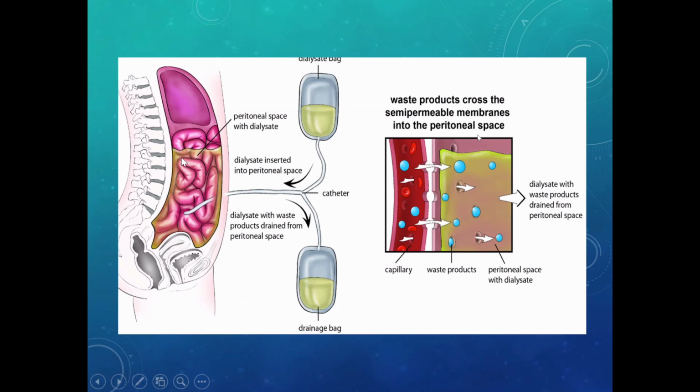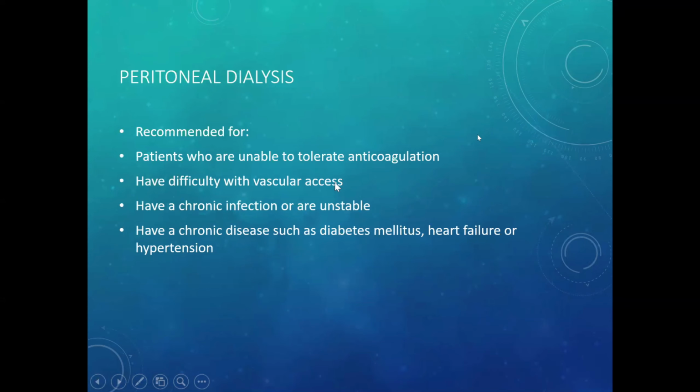The peritoneal space around your organs in your stomach is where the fluid is instilled, not in your liver, not inside your intestine. Then blood passes by, and the waste products in your blood are carried out and gotten rid of when the solution is drained. So this, let me show you a picture.